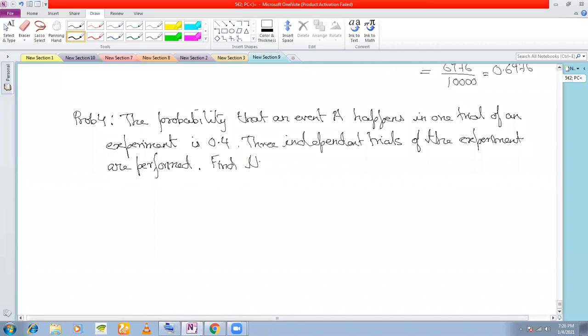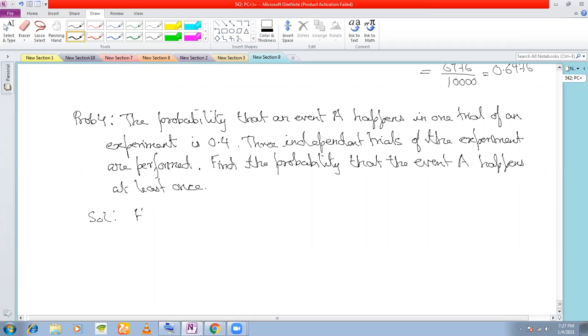Question is: find the probability that the event A happens at least once. Solution. First of all, identify the value of n because it is problem type 3. There are how many trials? 3 trials. So n is equal to 3.